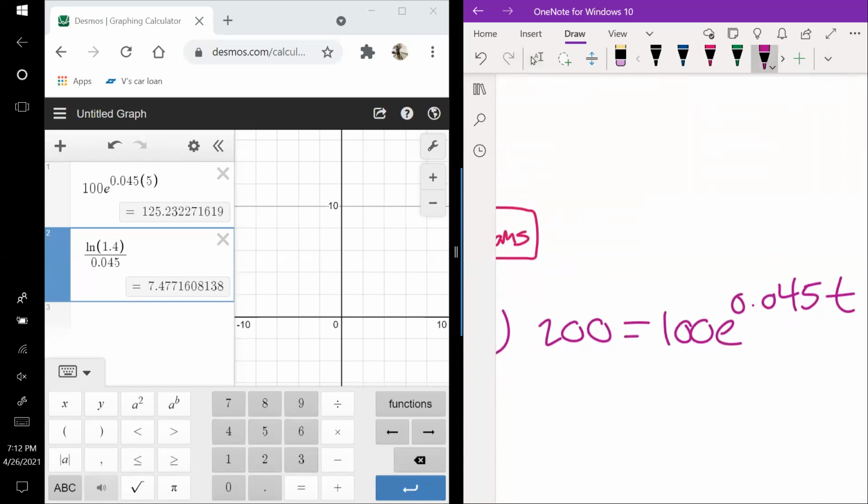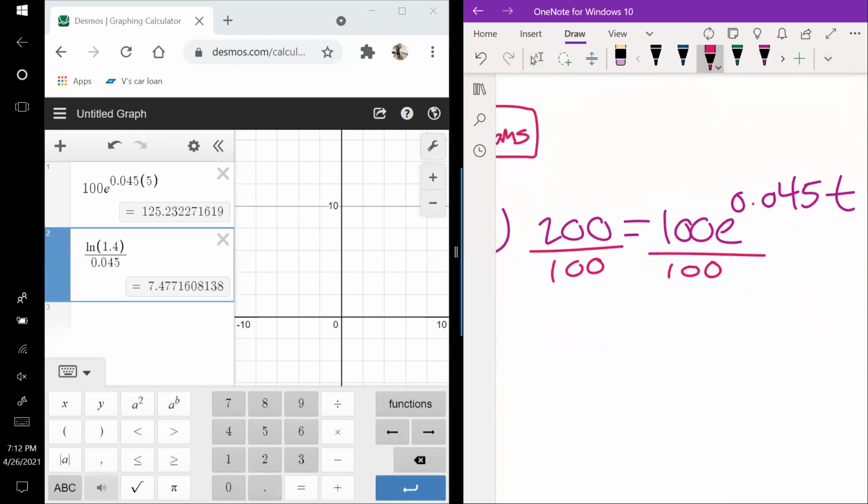Okay. So divide by 100, of course. And we'll get 2 equal to e to the 0.045t. And then once again, convert from exponential to logarithm. So it's going to be base e.